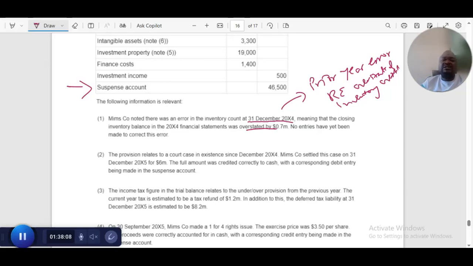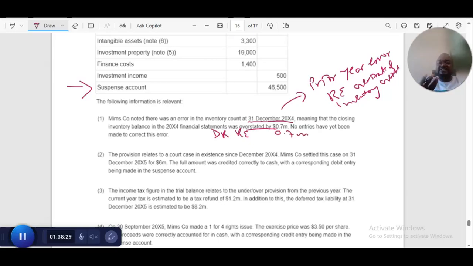So what is the correct double entry to correct the position, to correct the prior year error? We need to debit the retained earnings by 0.7 million.